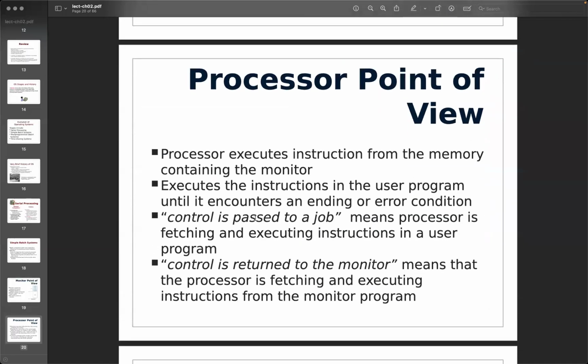And the processor will execute the instructions from the memory that contains the monitor, and then it will execute all the instructions in the program file until the end of it, or until some error occurs. Nothing special. It just controls the jobs, assigning one by one. So it's really an old school style.